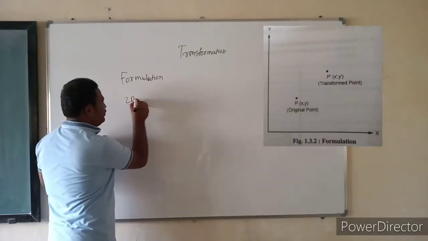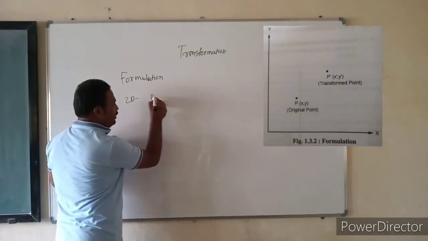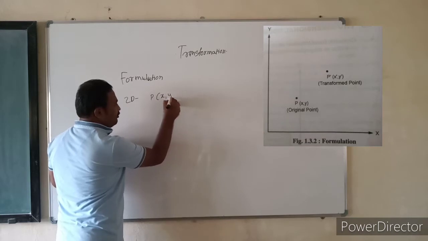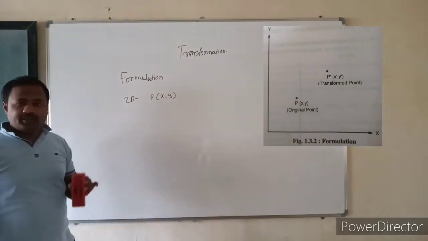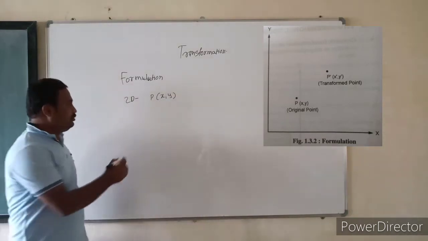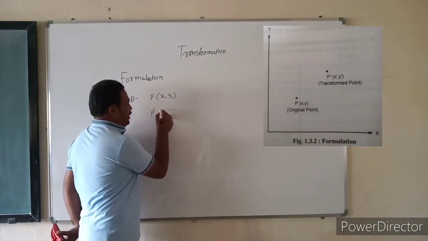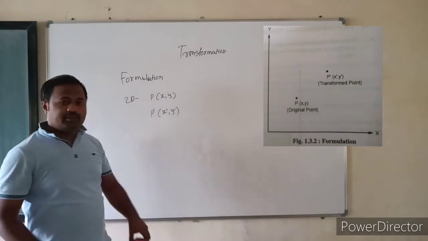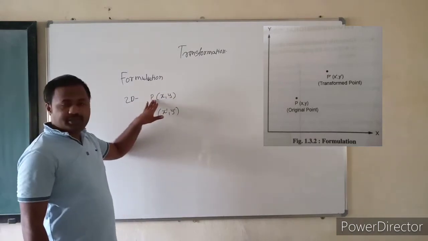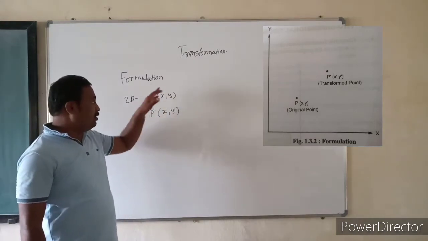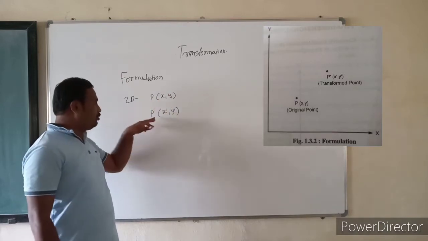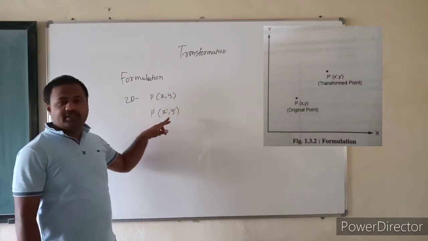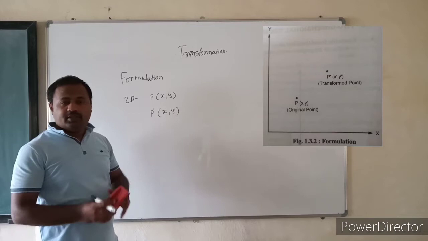P is the original point, and it is shifted or transformed to a new location, P dash.